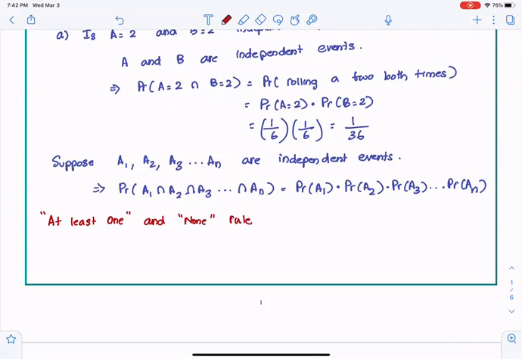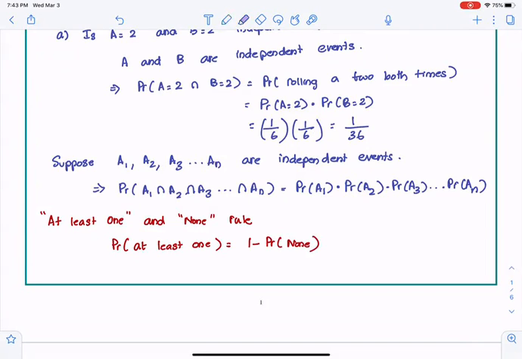So the probability of at least one of something, it could be anything, at least one 6 in 17 die rolls, at least one tails in 512 coin tosses, and so forth, is simply equal to 1 minus the probability of none.